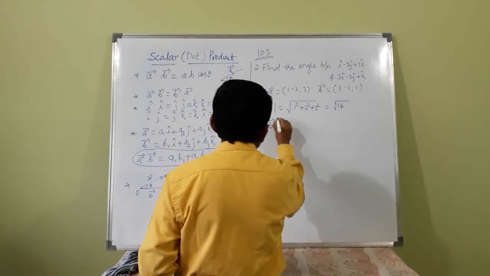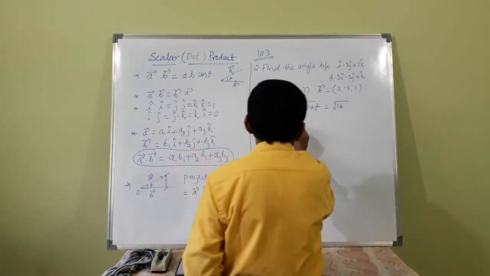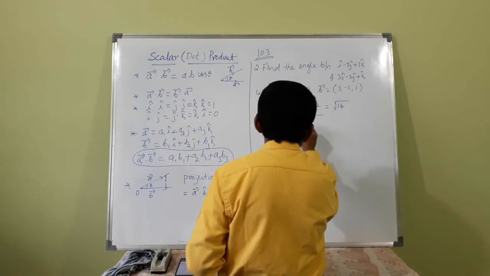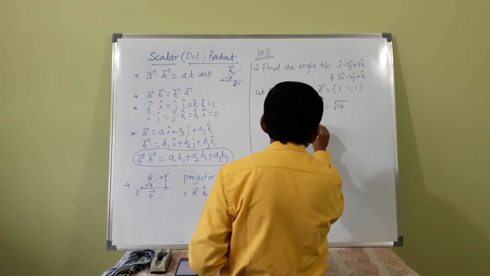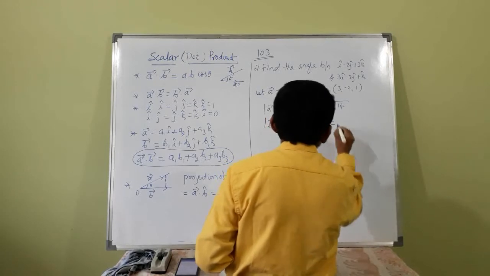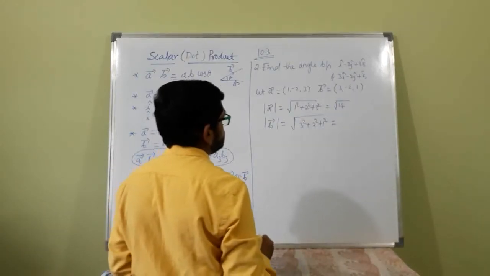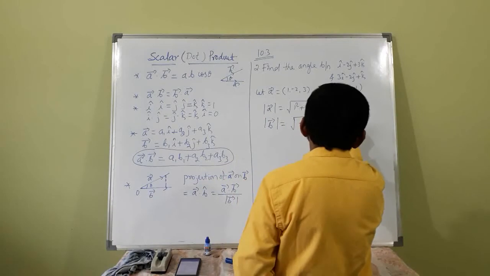Magnitude of B is equal to root of 3 square plus 2 square plus 1 square, that is 9 plus 4 plus 1, again 14.